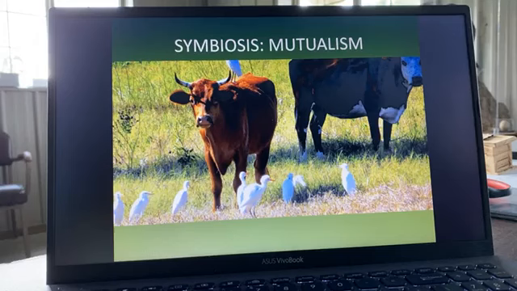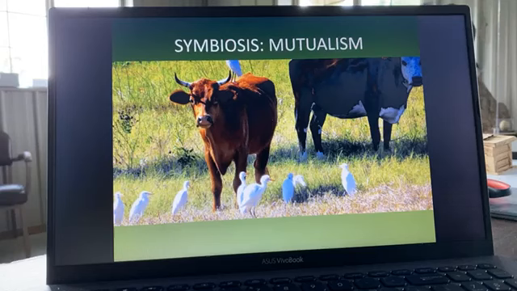Down in the South, and I imagine these cattle egrets get all the way up into southern Indiana, they used to be very popular, but like all introduced species, they did really well for a while, and then as the population grew, they finally hit a critical point, and their population has diminished, so you don't see as many as you used to.